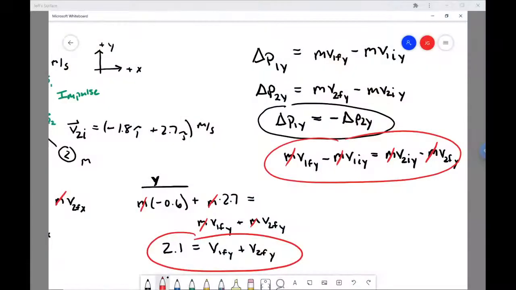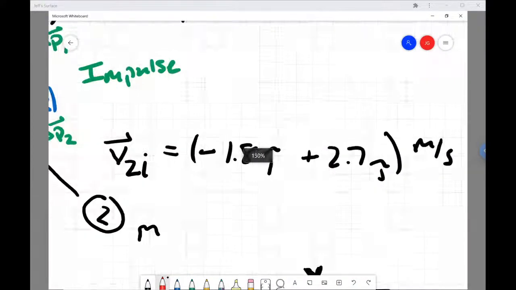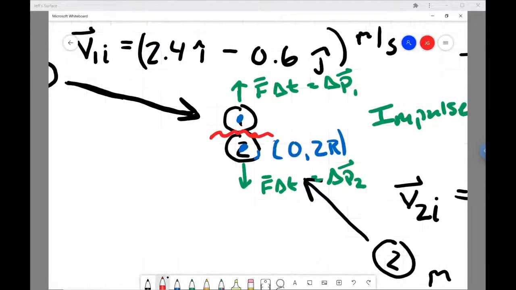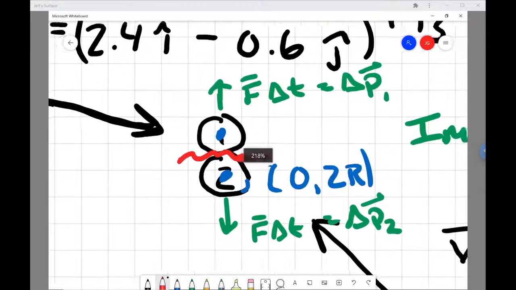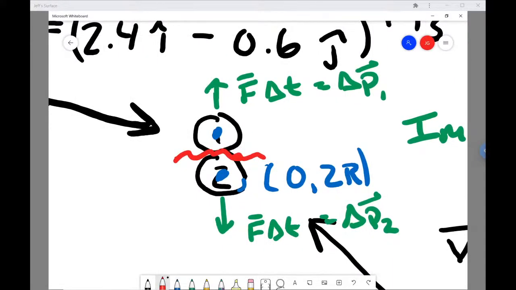All right, let me direct your attention to this concept of impulse a little bit more. Here is an example of this concept of impulse in action.